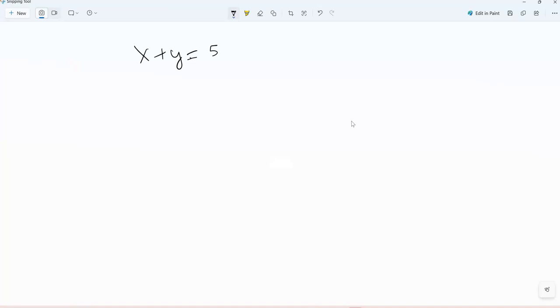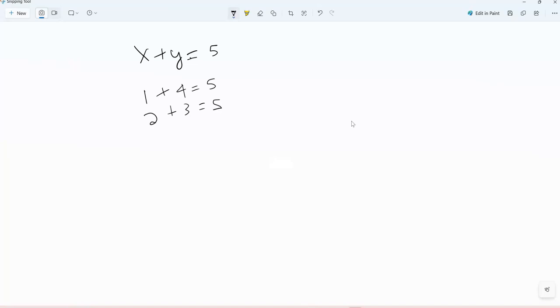Well, what are the possible solutions? There could be 1 plus 4 is equal to 5, correct? So x could be 1 and y could be 4. Or we could do 2 plus 3 equals 5. That would be true. So we have multiple solutions, 3 plus 2, 0 plus 5, right?